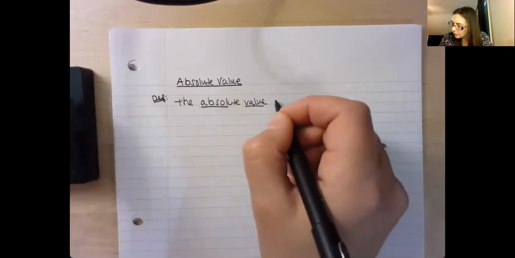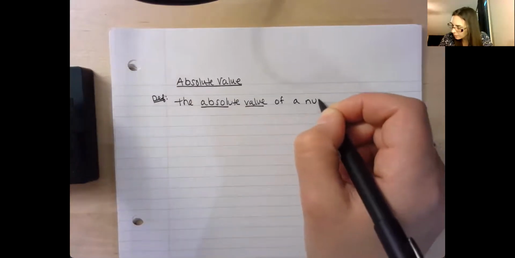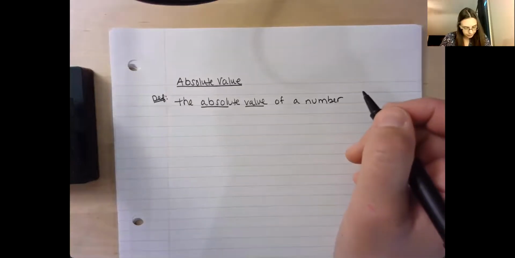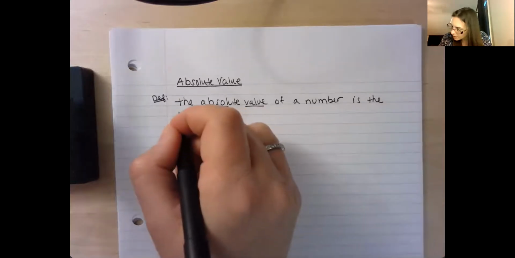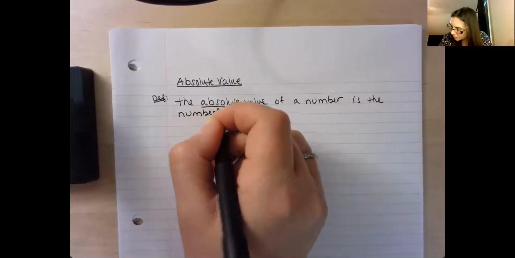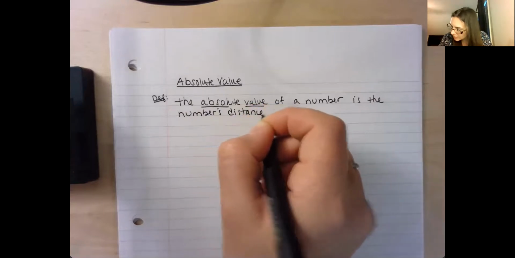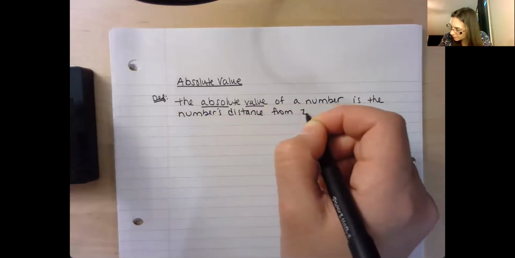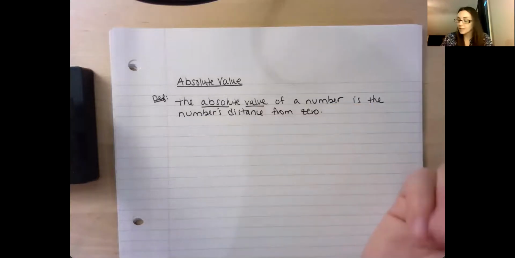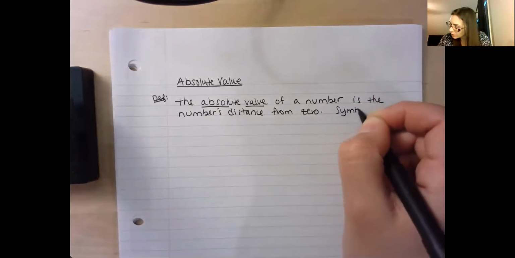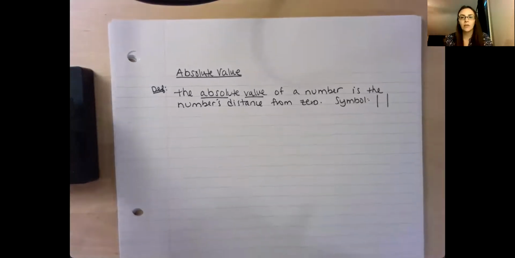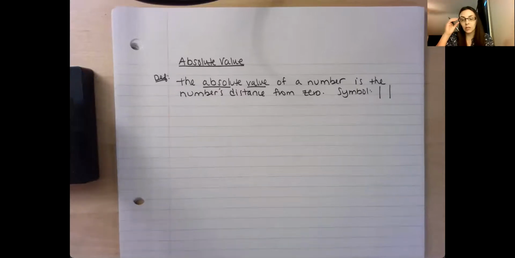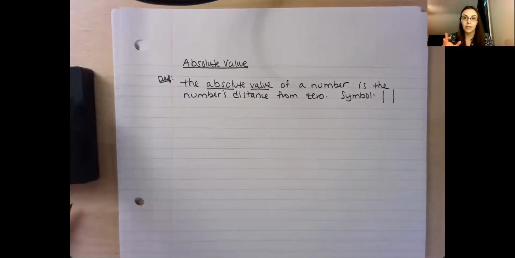The absolute value of a number is the number's distance from 0. And the symbol that you use here to represent an absolute value is 2 vertical lines like this. So you want to be careful because if you're reading particularly on a computer screen, it can be a little tricky. So absolute values have vertical lines, so it's different than parentheses or brackets. I know they all kind of look similar.